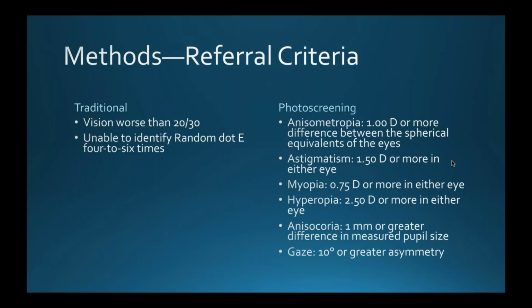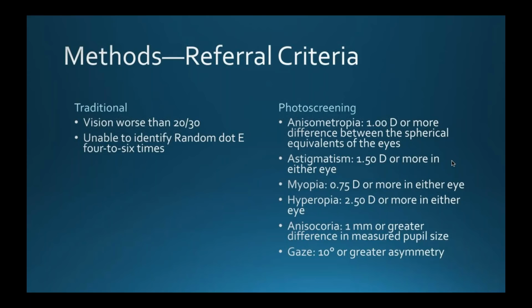And so when we're looking at these criteria for a preschool student, these can be causes of amblyopia or decreased vision, but we also can look at these as indicators of possible blurry vision in school-age children that we can screen for to determine whether or not they are having trouble in school due to their vision and need a complete eye examination.